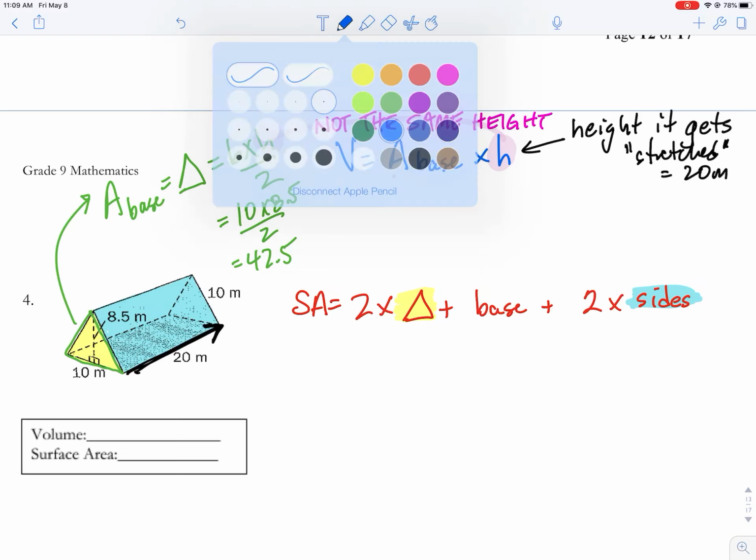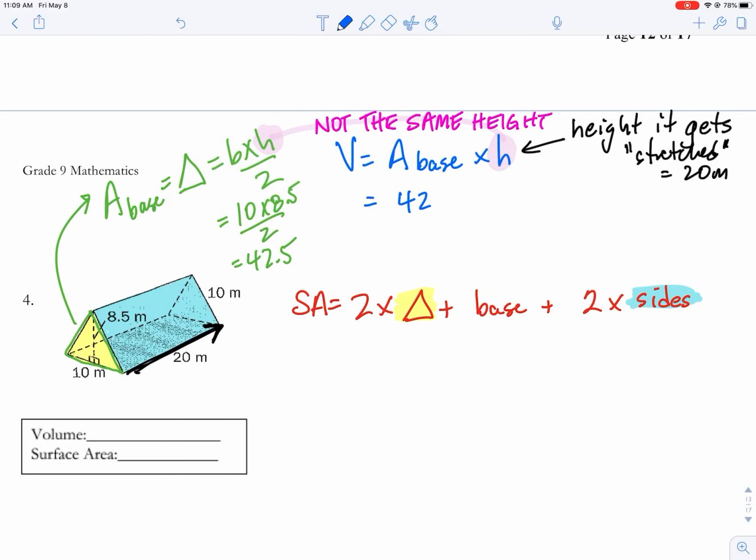So the volume of this is going to be 42.5 times the height, which is 20, and that gives 850 meters cubed. So the volume is 850 meters cubed.